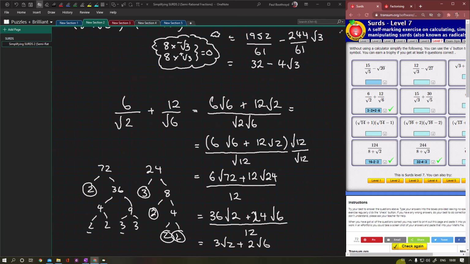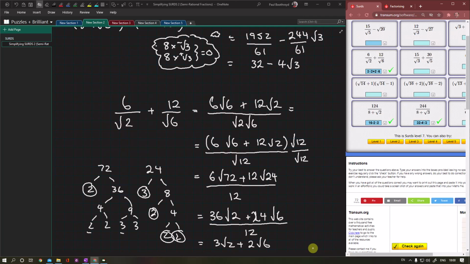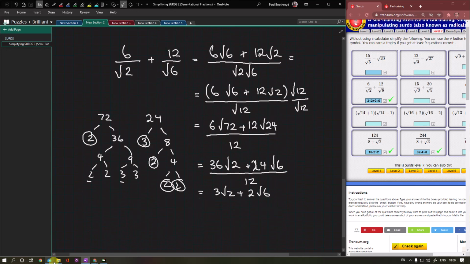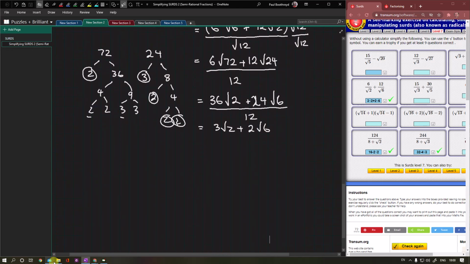Okay. This top line is just multiply that by root 5, or multiply top by 5. So I'll do one of them. Let's go for the other one.